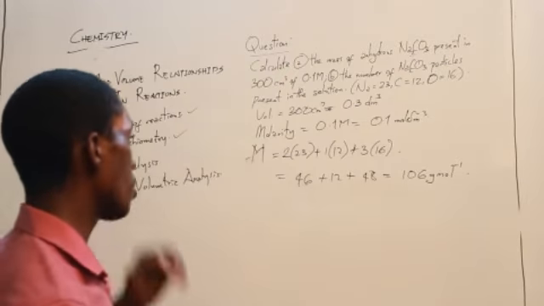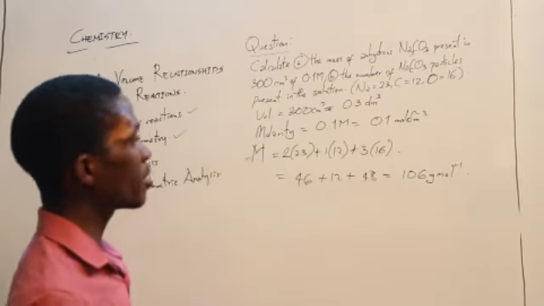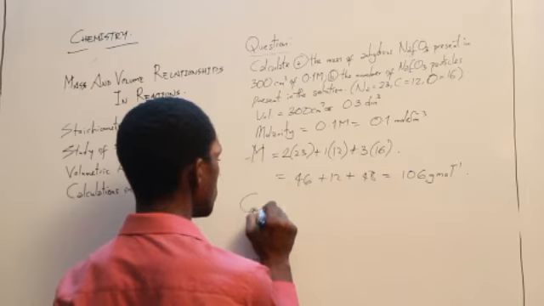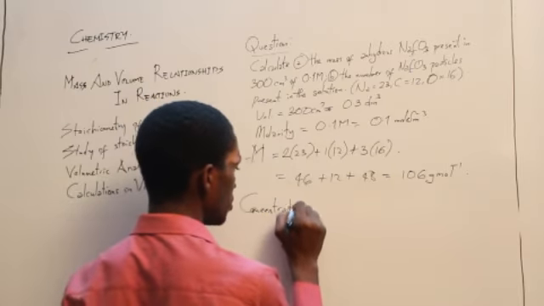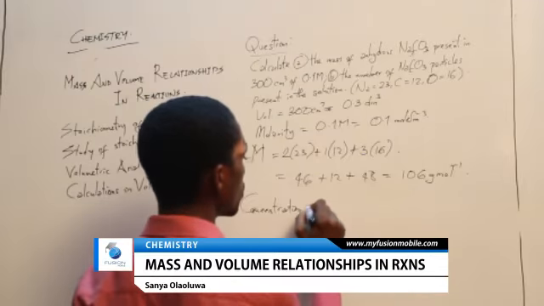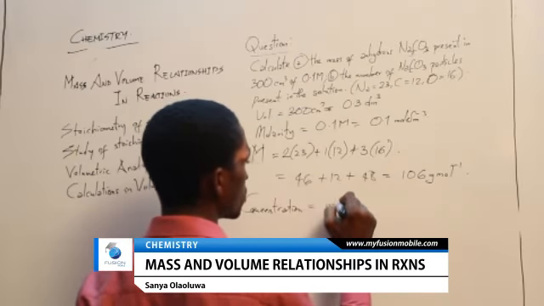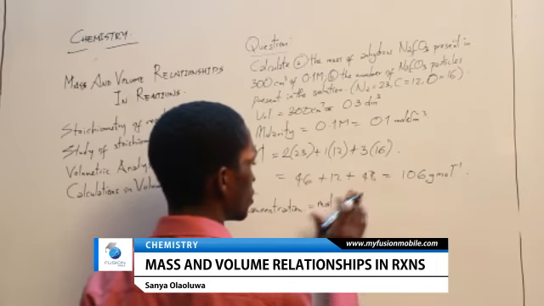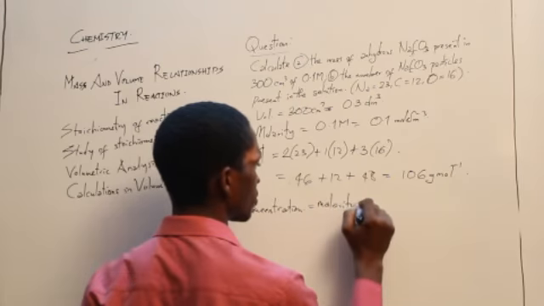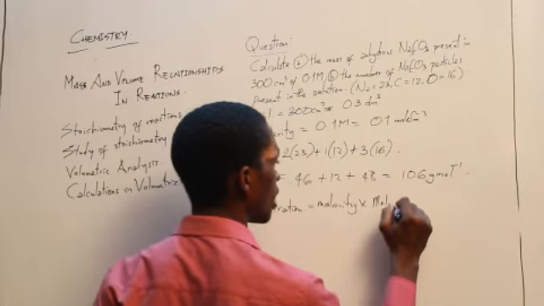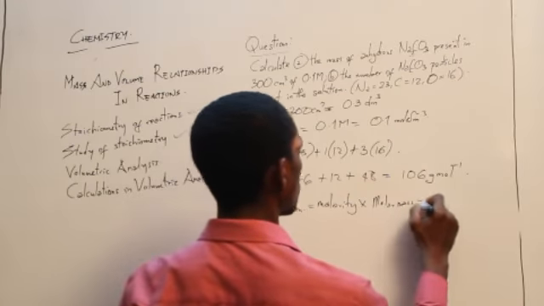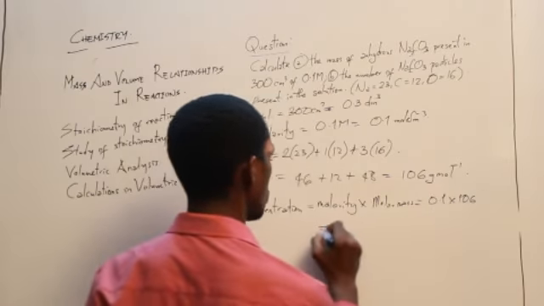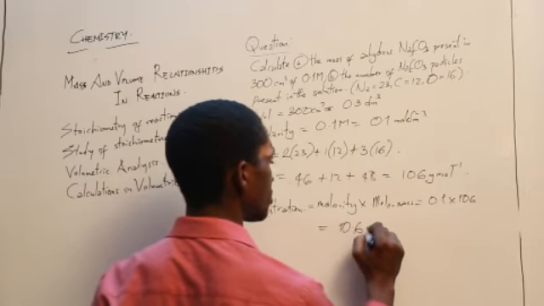So we have to convert this from molarity to concentration. If we are calculating our concentration, our concentration will be equal to our molarity multiplied by our molar mass, which will give us 0.1 multiplied by 106, which will give us 10.6.